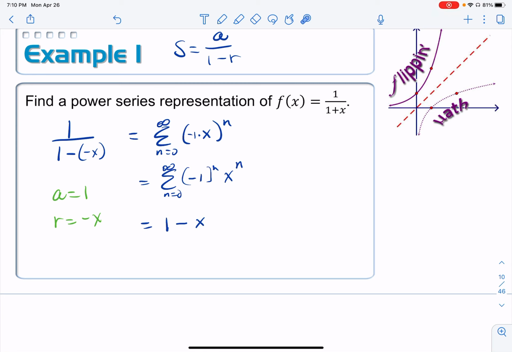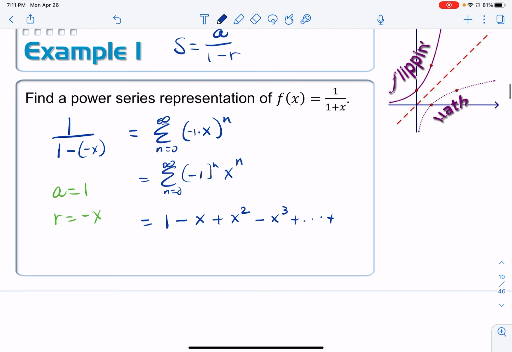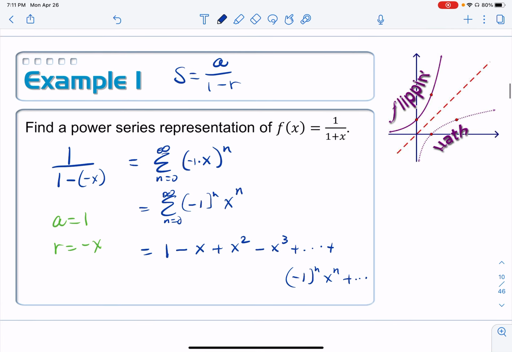But we knew that because our common ratio is negative x, so we could just multiply 1 times negative x and get negative x. I can multiply negative x times negative x, the common ratio, and get positive x squared. And then the next term is going to be negative x to the third, because we multiply by negative x, dot, dot, dot, plus, and then our nth term here is negative 1 to the nth times x to the nth, but then it just keeps on going.